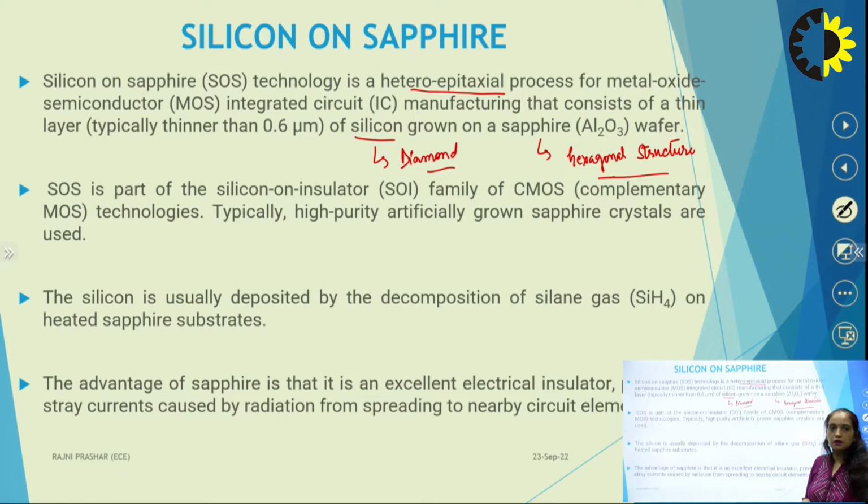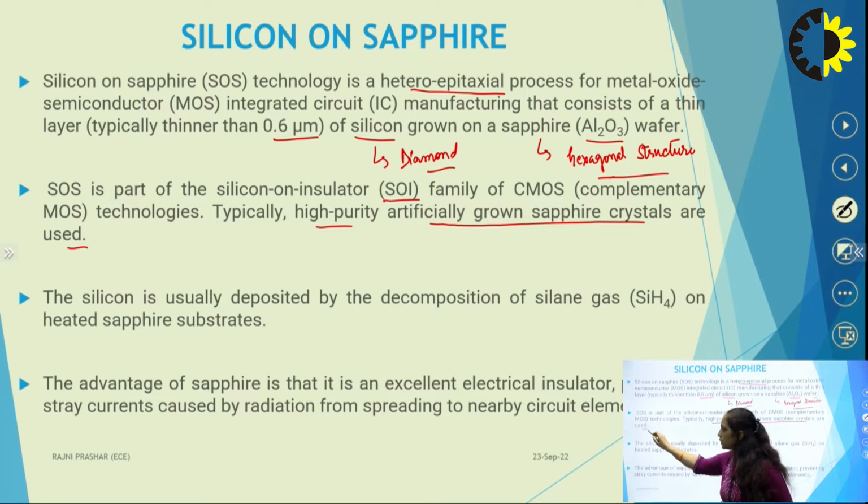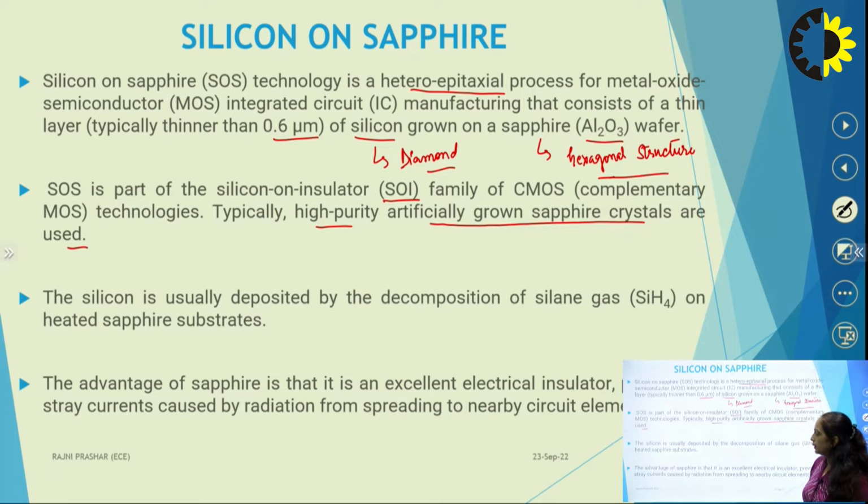for metal oxide semiconductor ICs. It consists of a very thin layer, usually in the range of 0.6 micrometer, of silicon, which is grown over the sapphire, and the compound name is Al2O3. This SOS is a part of the silicon on insulator SOI family, where typically a high purity artificially grown sapphire crystal is used as a base material, and the silicon is usually deposited by the decomposition of silane gas.